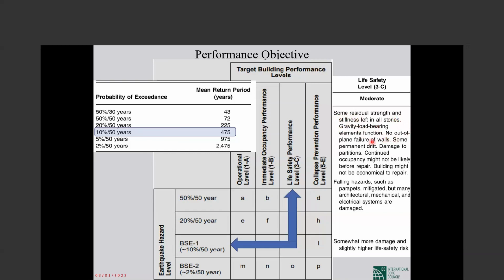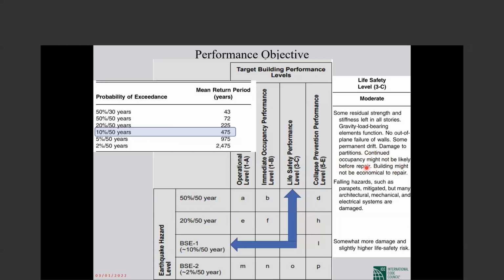No out of plane failure of walls. Some permanent drift, very interesting. So the building is not straight anymore. Yes, it has some permanent damage. Damage to partitions. Continued occupancy might not be likely before enough repair.